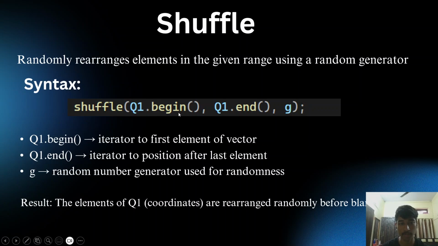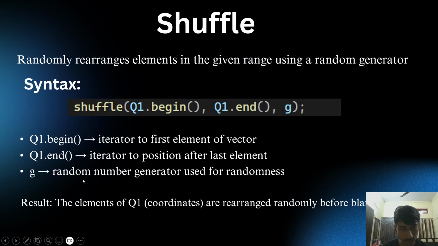It will begin from the start of Q1. Q1 actually contains many elements of pairs, so it will start from the first element, and the iterator Q1.end refers to the position after the last element, but it actually means that it will include till the last element. It's like an open bracket and close bracket here.